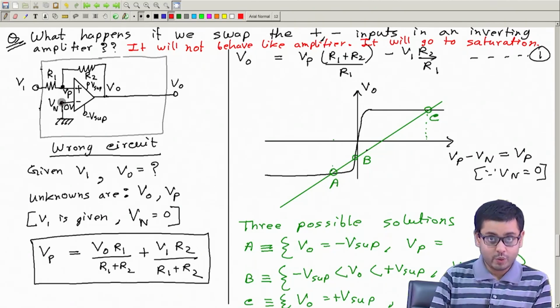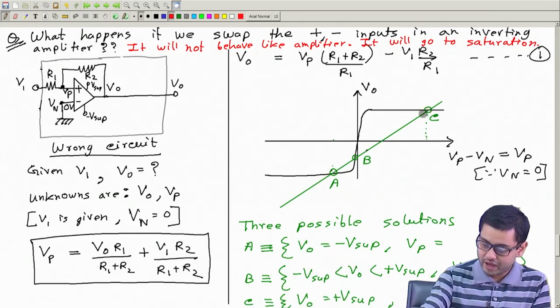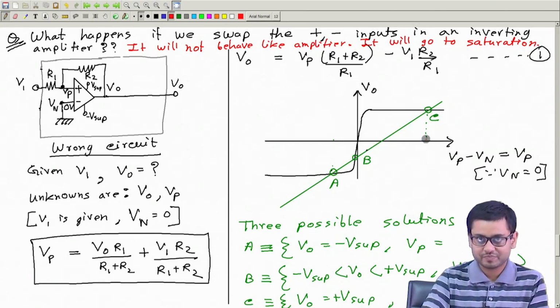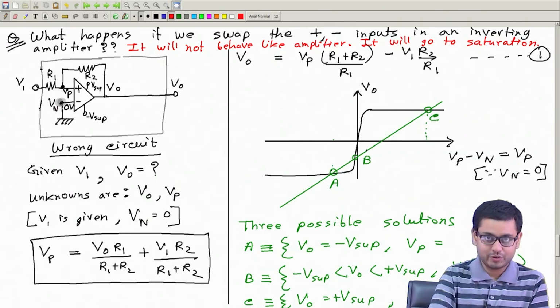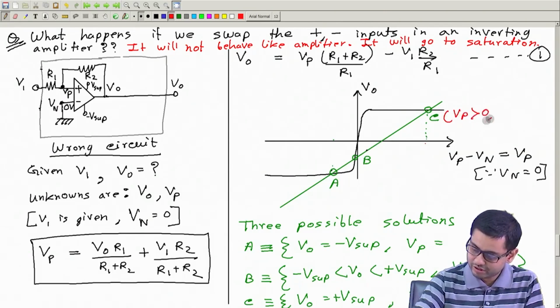No. Why? Vn is 0, but how much is Vp? Suppose I land up here at this point, then Vp is this much, which is not 0, it is positive, but Vn is 0. So at this point Vp is greater than 0, Vn equal to 0.